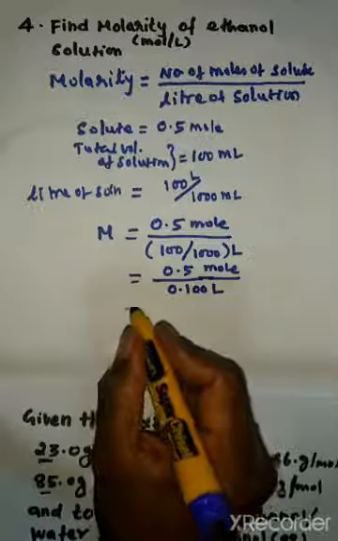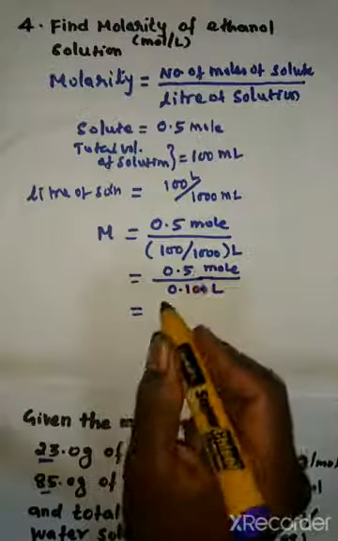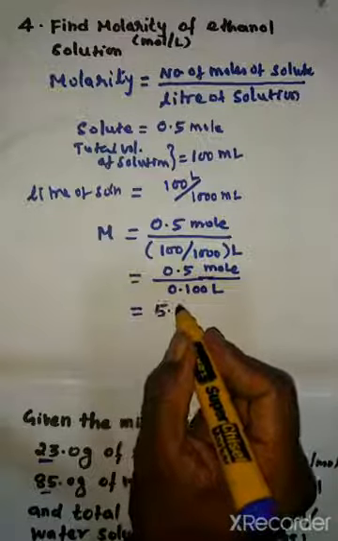If you divide these two values, you'll get 5.0.